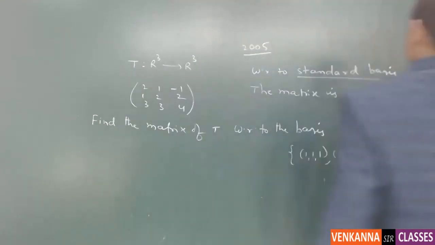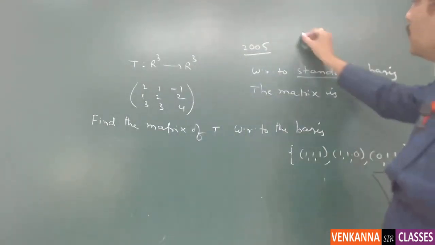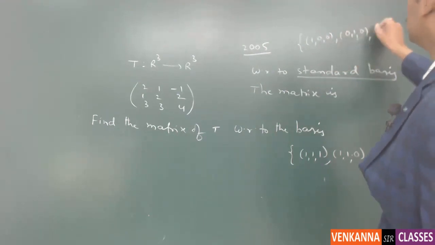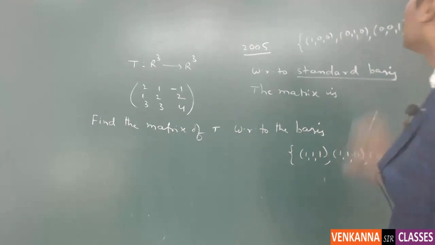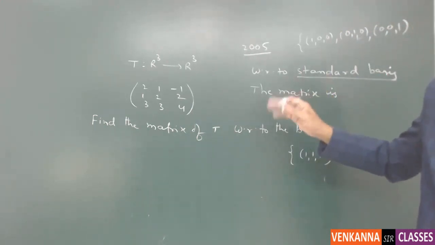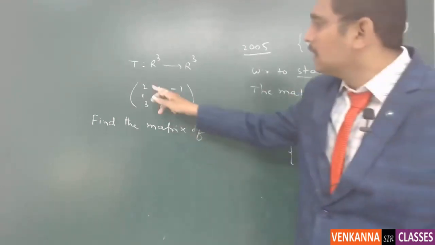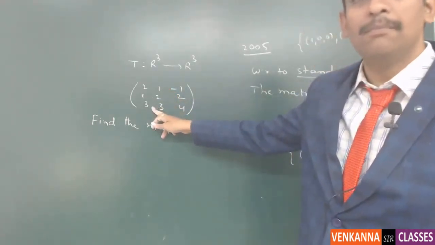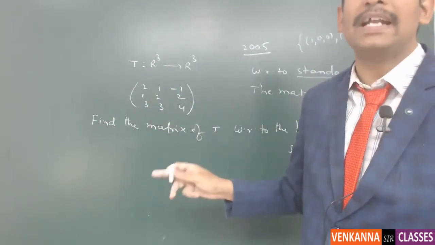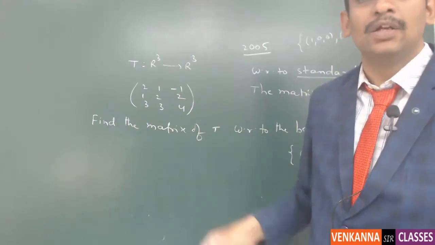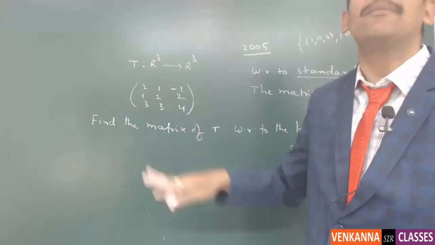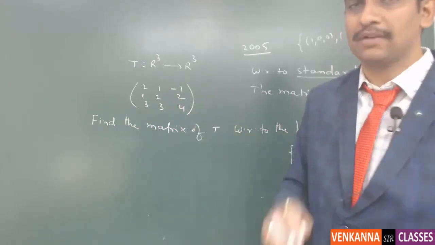Whenever you are using the standard basis, it means you are using the basis combination 100, 010, 001. If you consider the previous question, by taking the first column and multiplying with the basis, we get images, then we need to write a linear combination, and from that we get the transformation.